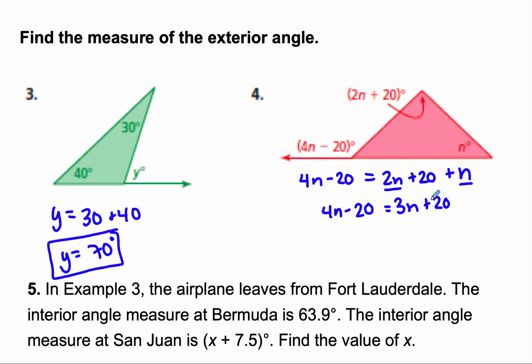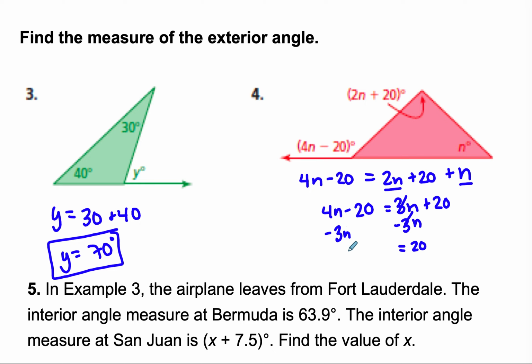I can, at this point, move any of these 4 terms. I need to get all of my variables on the same side. I need to get all of my constants on the other side. So I'm going to subtract 3n from both sides. That gets rid of it on the right-hand side, leaves me with 20.